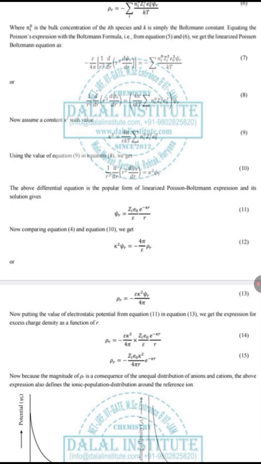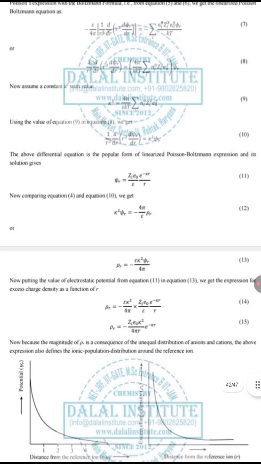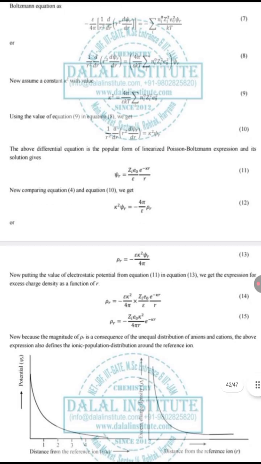Equating the Poisson expression with the Boltzmann formula, that is, equations 5 and 6, we get the linearized Poisson-Boltzmann equation as minus ε by 4π into (1/r²) d/dr (r² dψ(r)/dr) equals minus summation i of n_i⁰ z_i² e₀² ψ(r) divided by kT, equation 7.